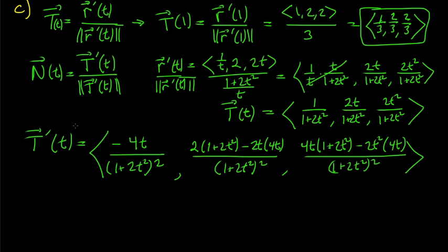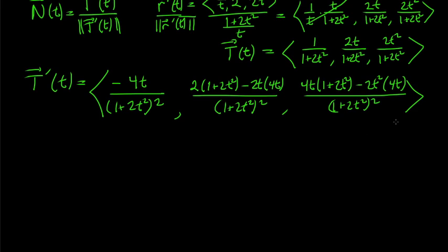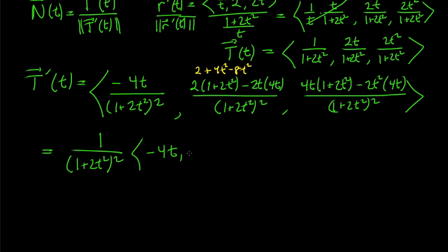Okay. Again, good review of Calc 1 and quotient rule and all that. I dare say we should probably simplify this a bit. So, in fact, let's just factor out the denominator here, leaving us with the numerator of negative 4t. So this up here is going to be 2 plus 4t squared minus 8t squared.